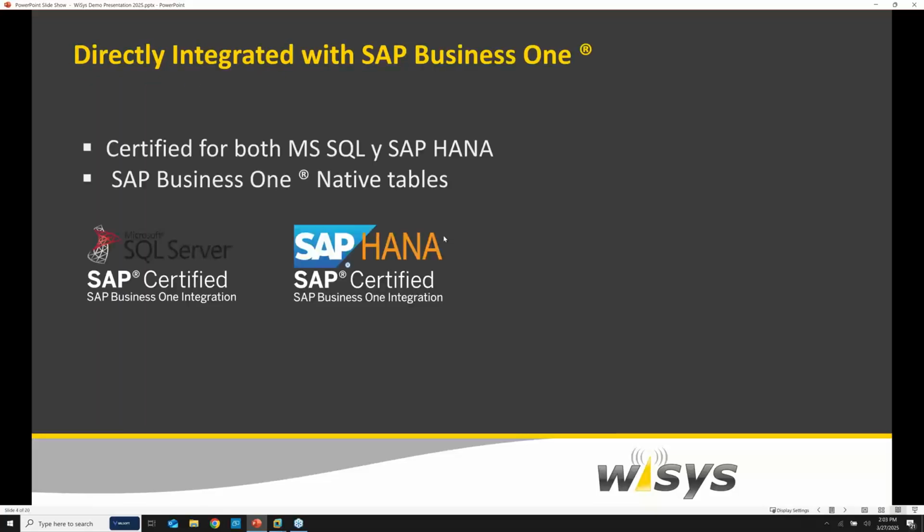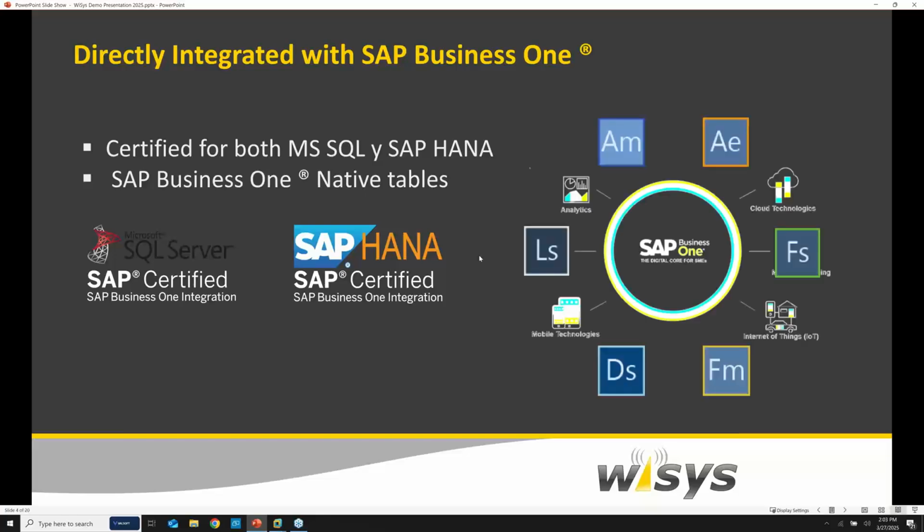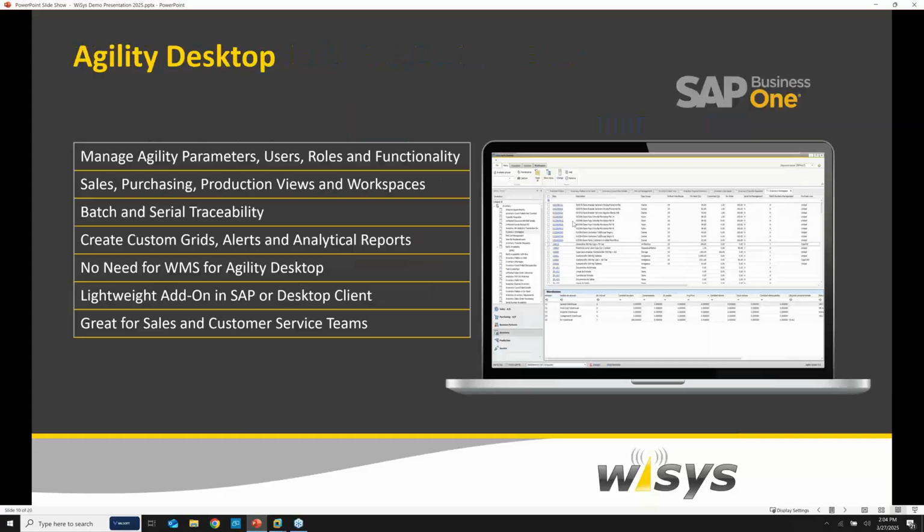Key, just like our WMS, our Agility Desktop is integrated directly into SAP. So the data that we're seeing here today is live, real data through SAP, through Agility Desktop, and it's a certified product as well. So we will be able to understand that this is one point of truth, believable data that we can organize on the WiSys Agility Desktop.